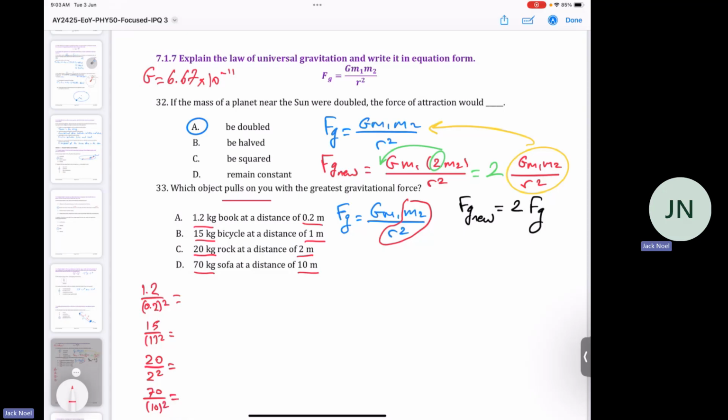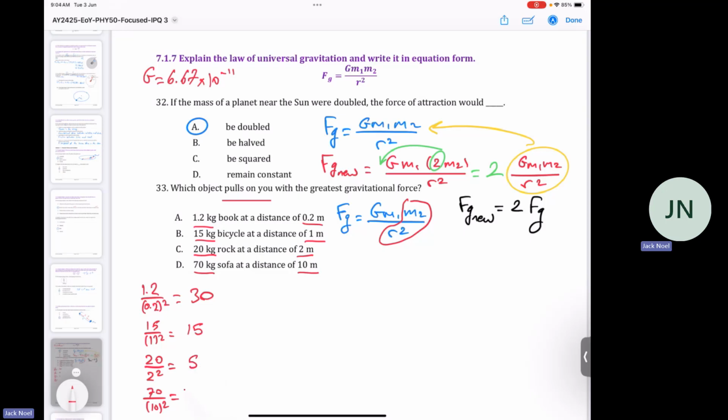Now, if you do on the calculator 1.2 divided by 0.2 squared, it will give you 30. 0.2 squared is 0.04, and 120 divided by 4 is 30. 15 over 1 squared is 15. 20 over 2 squared is 5.